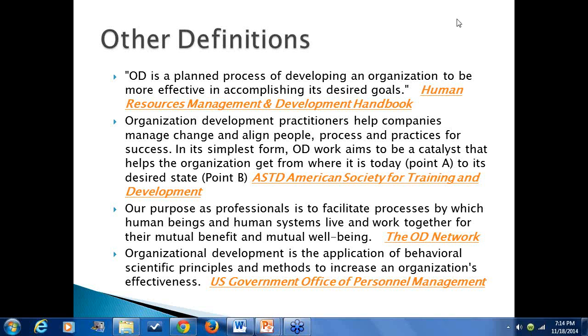The ASTD, which is now ATD, the Association for Talent Development, says organization development practitioners help companies manage change and align people, process, and practices for success. In its simplest form, OD work aims to be a catalyst that helps the organization get from where it is today to its desired state, getting from point A to point B.